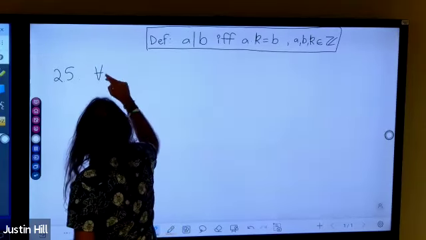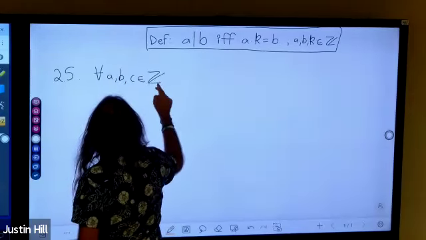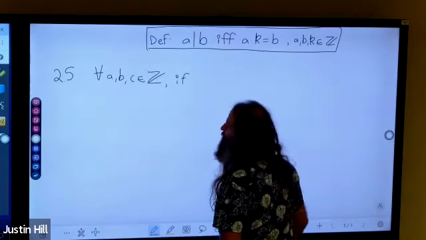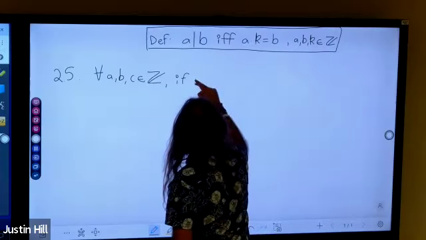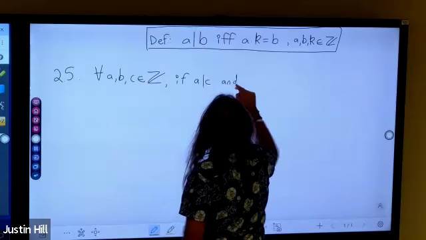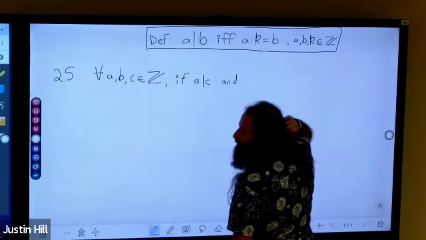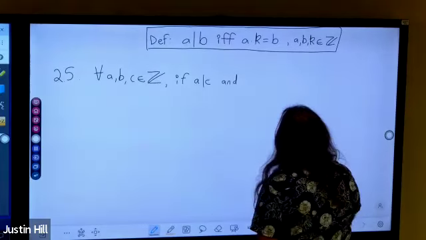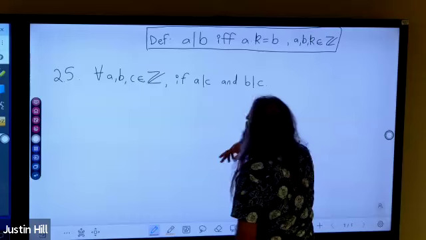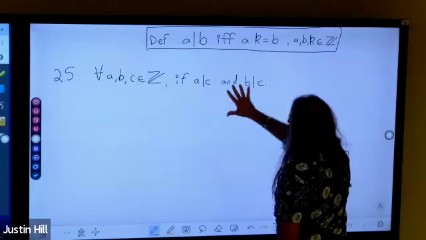So for all integers A, B, C, I'm going to convert this into more of an if-then, or just a little more formal writing. So if A divides C and B divides C. On the last problem, it was A divides C and A divides B. That was the difference, but this will be our setup.